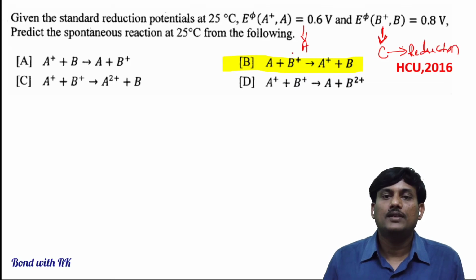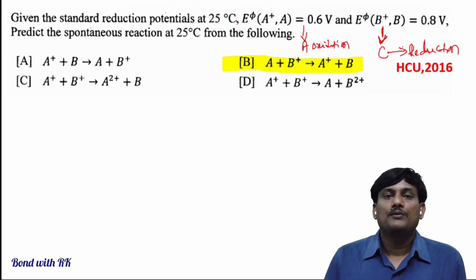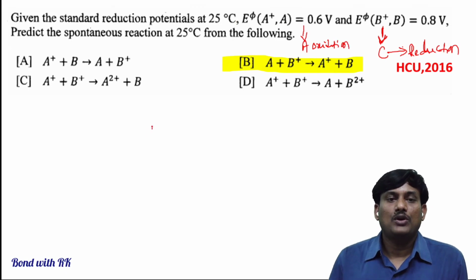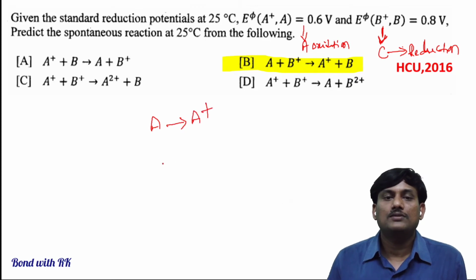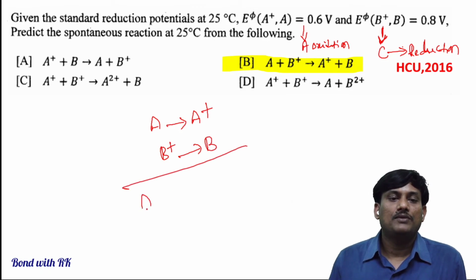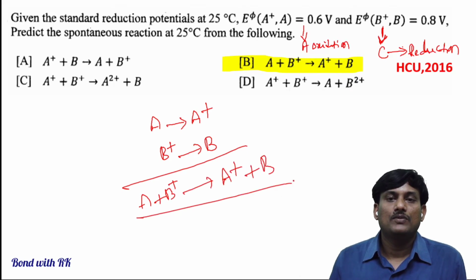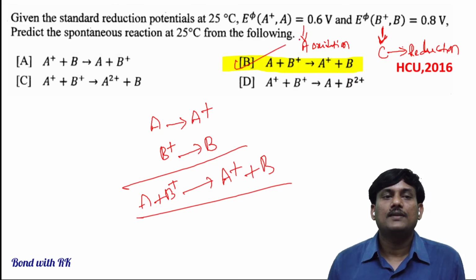At anode there is an oxidation. So for this, oxidation is spontaneous: A gives rise to A plus. For this, reduction is favorable or spontaneous: B plus gives B. So the final reaction is A plus B plus gives rise to A plus B. So B is the correct option.